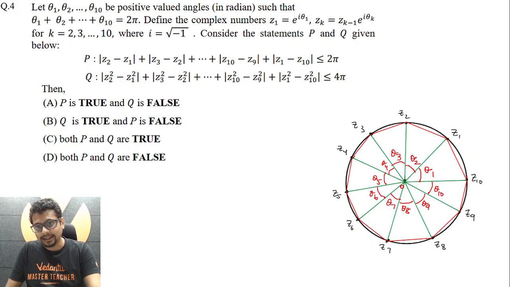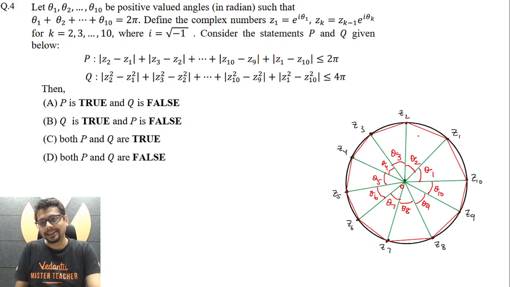Similarly, mod Z4 minus Z3 plus mod Z5 minus Z4 and so forth, plus mod Z9 minus Z8 plus mod Z10 minus Z9 plus mod Z1 minus Z10. So basically, the left hand side in statement P is the sum of the side lengths of this decagon, a 10-sided polygon, which is not necessarily a regular decagon or regular polygon.